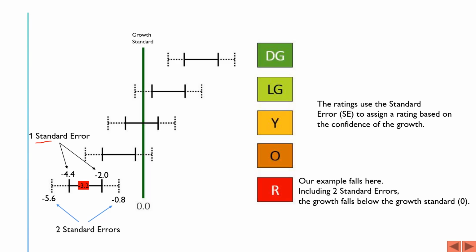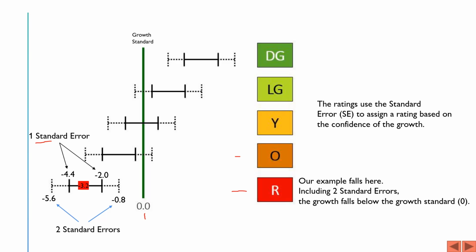Our 2 standard error range takes us a little bit wider, but both of these fall below the growth standard of 0. If both 1 standard error and 2 standard errors fall below the growth standard of 0, the color coding is red. If the 2 standard error range is anywhere inside that growth standard, then we're in the orange.